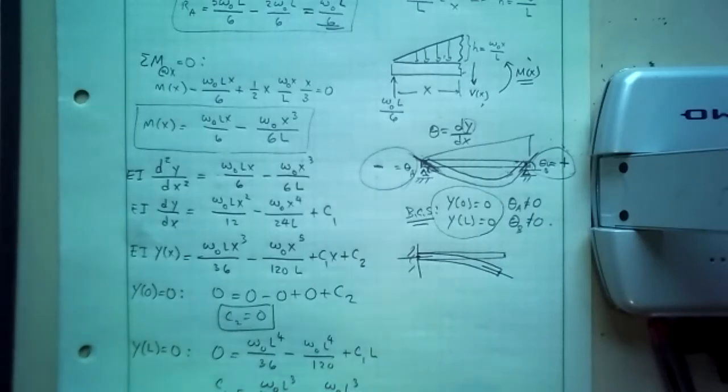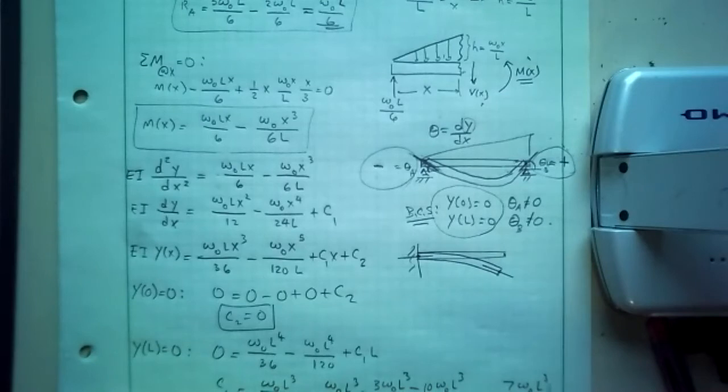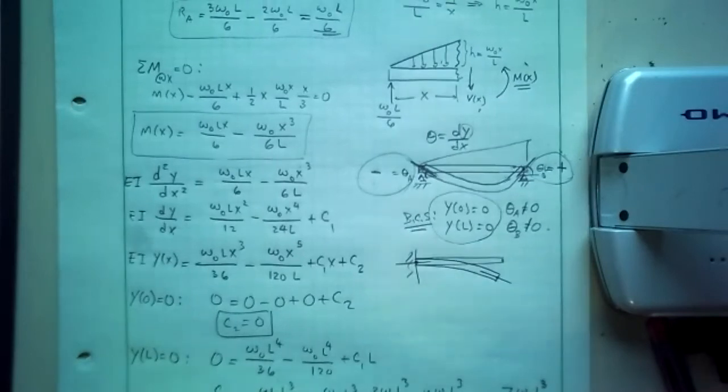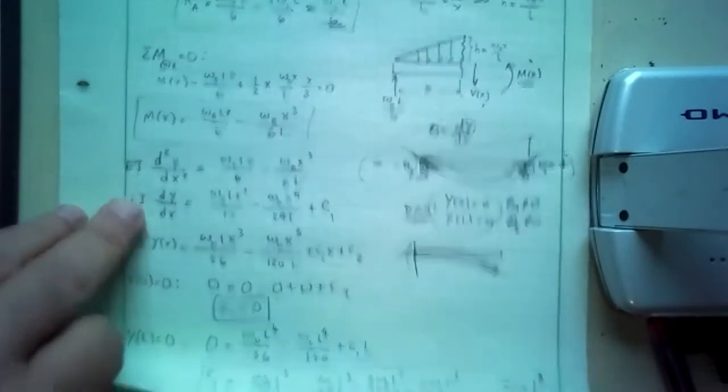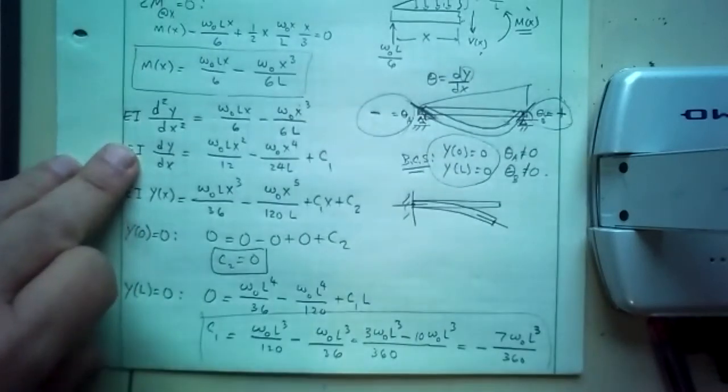Let's do a common denominator, 360. So this will be 3, and this will be 10. So this will be a negative 7 over 360. So that's our C1.